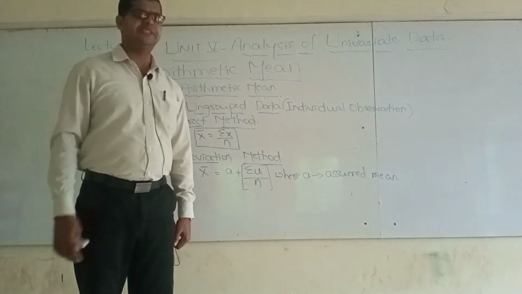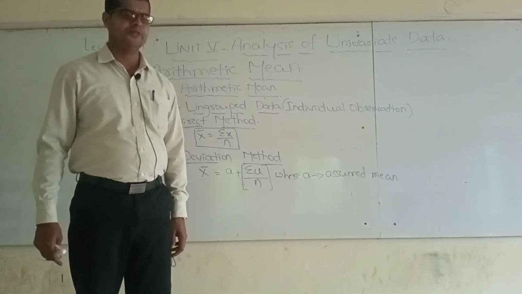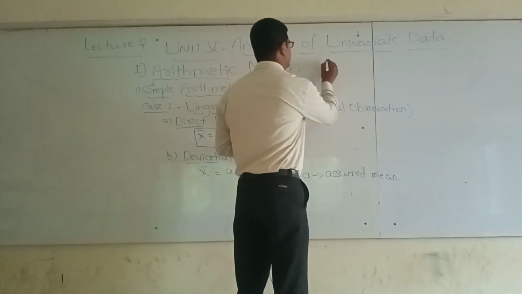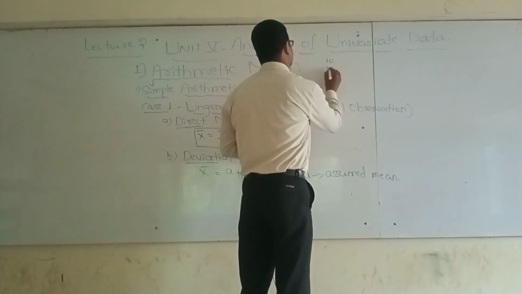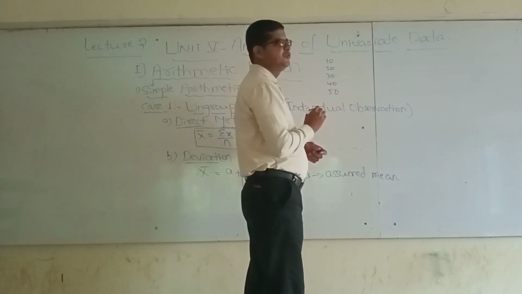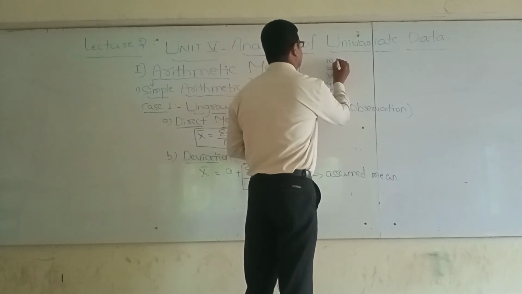If I give the example, you can easily understand. Okay. So I am giving ungrouped data, that is 10, 20, 30, 40, 50. So assume that these are the marks.